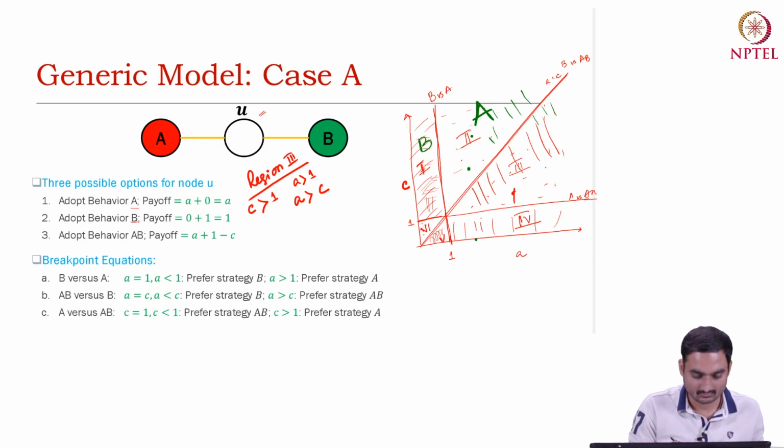So what would happen in this case? Think about it. So this is A. Now between A and B, the clear winner is A. What about between A and AB?